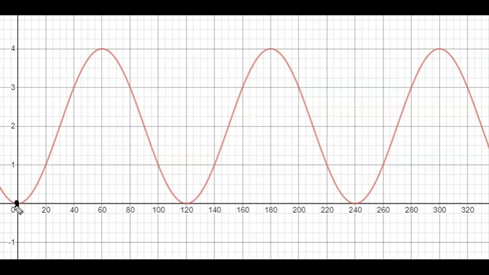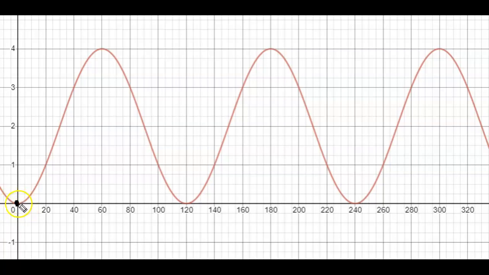Oftentimes with waves, you can have multiple equations that actually model the exact same wave. That's an interesting concept, and it's because the sine and the cosine wave are the exact same shape. Their only differences are where they start. So depending on how you shift the graph, you can shift them to be right on top of each other.